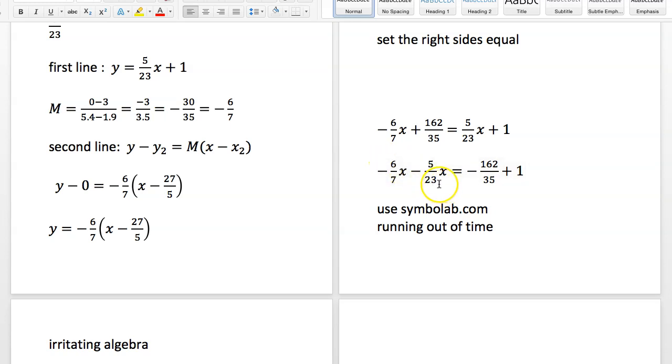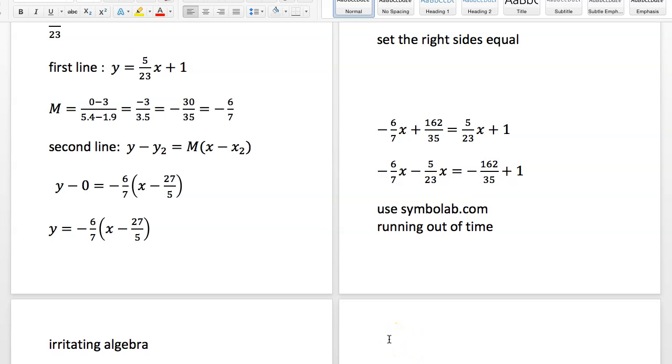23 times 6, 6 times 3 is 18. That's 138. Yeah, negative 138 minus 35. That would be negative 173. So again, the fraction is negative 173 over 161, and then times x.